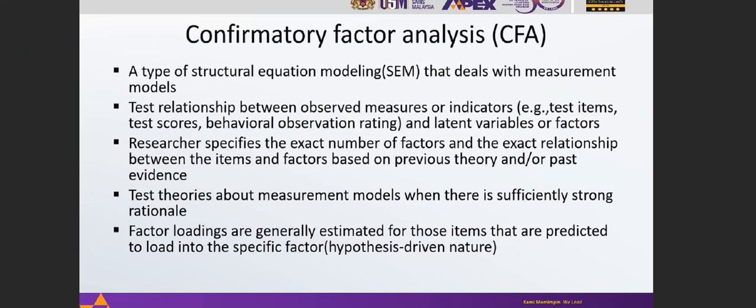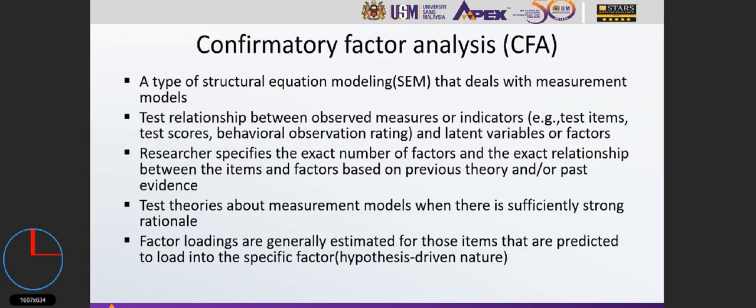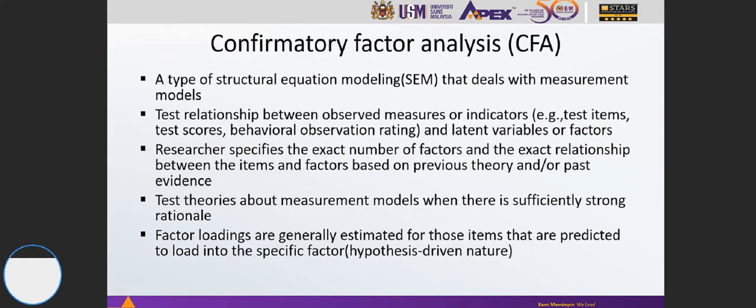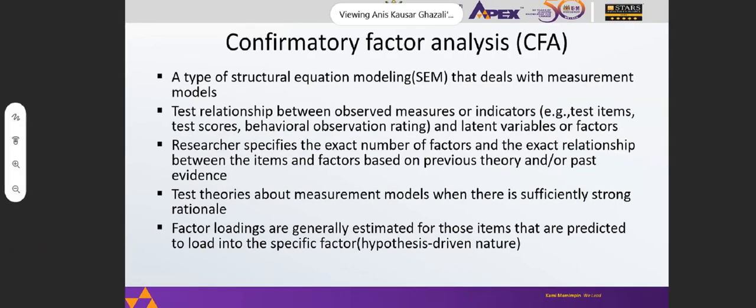So what is CFA? After we do exploratory factor analysis, then we do confirmatory factor analysis. It's a type of structural equation modeling that deals with the measurement model. Researchers specify the exact number of factors and the exact relationship between the items based on previous studies or past evidence, and we test the theory about the measurement model when there is a sufficiently strong rationale.